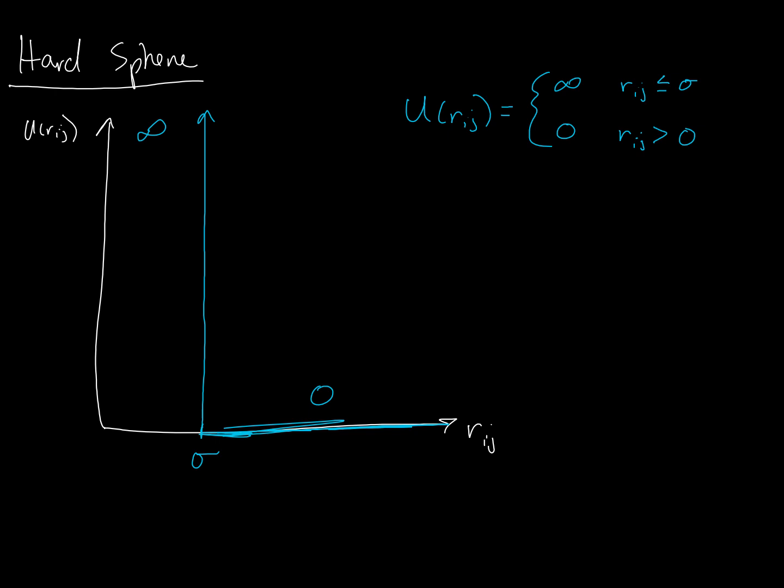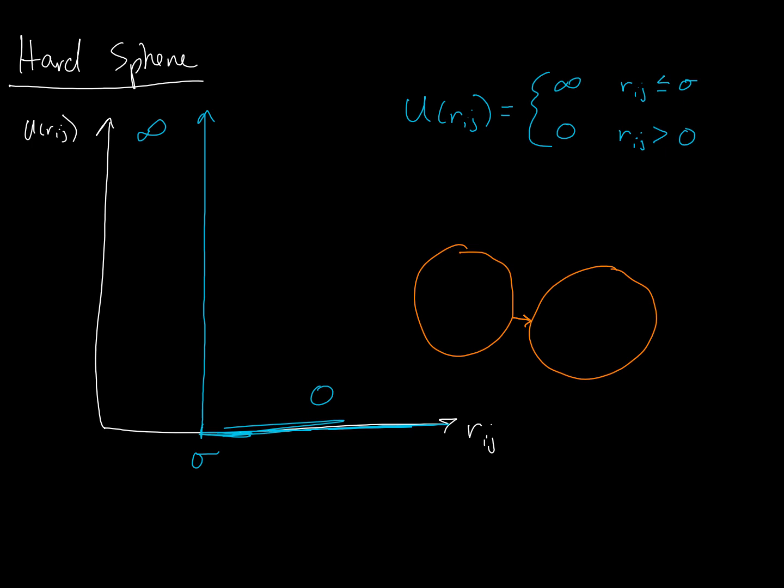So effectively what this is saying is that we have two spheres. They don't interact with one another until they make contact, and then they cannot superimpose any further. There can be no overlap. Simple model, not 100% realistic, right?